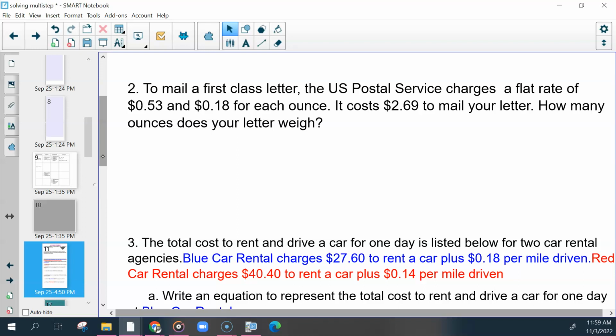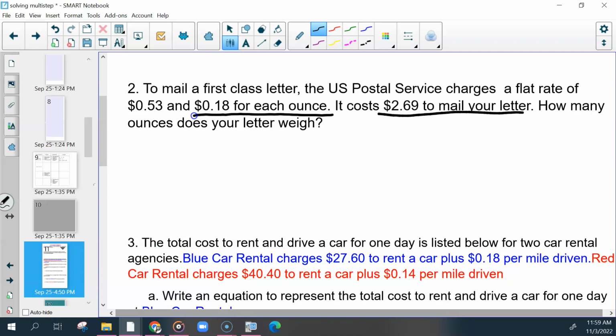What do you think is important from that? Hannah? Okay, 18 cents for each ounce. So Leah, say your name. The $2.69 to mail. Anything else we think is important?